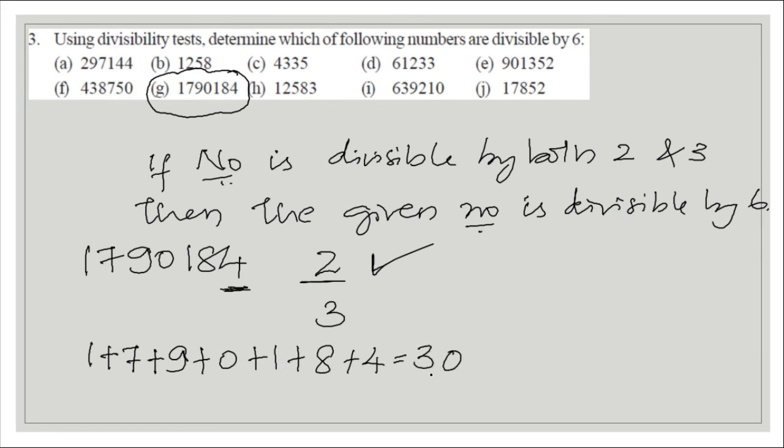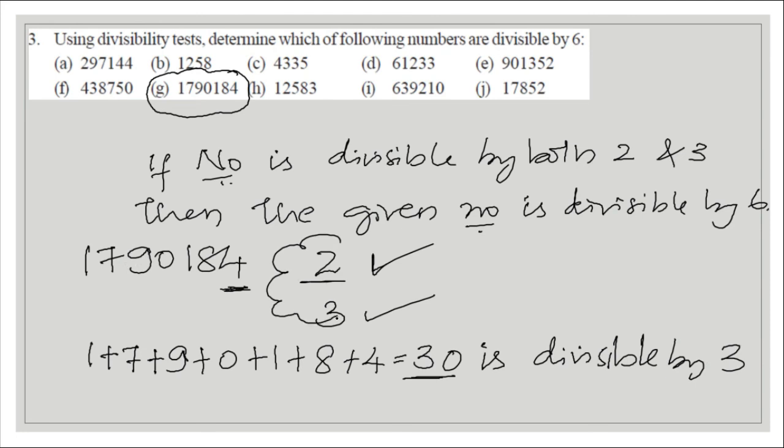Earlier I was wrong. 30 is the sum. This sum is divisible by 3. So the given number is divisible by both 2 and 3. When the given number is divisible by both 2 and 3, then we can say that 1790184 is divisible by 6.